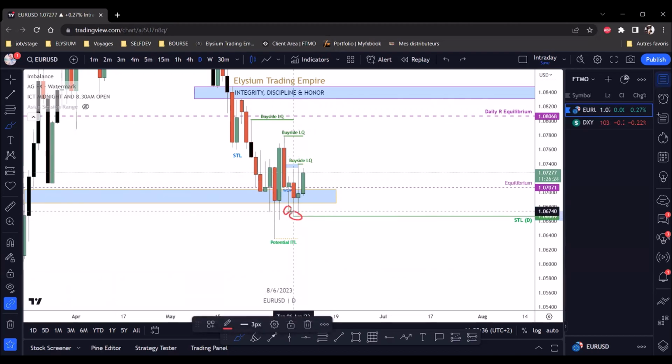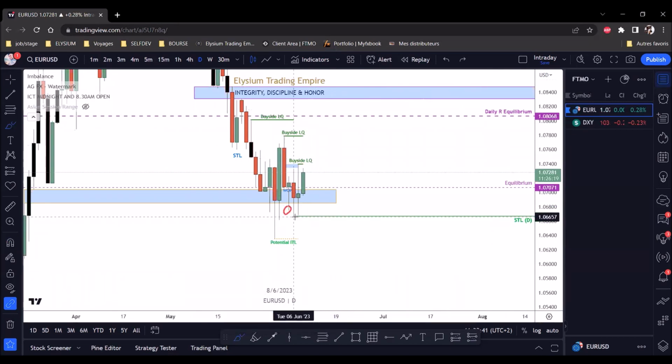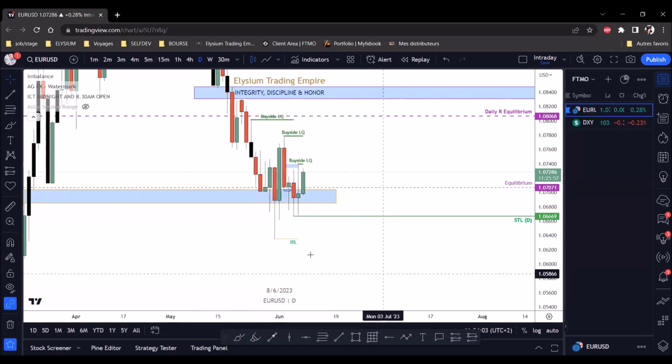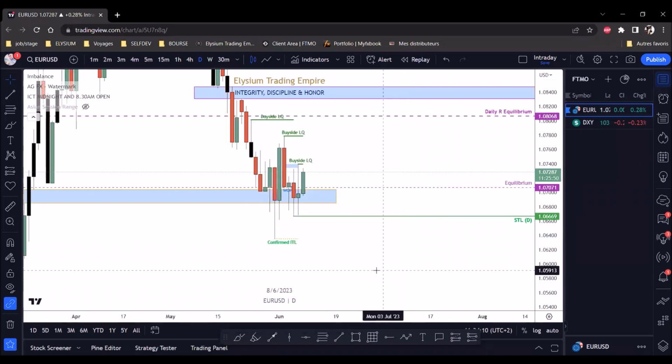However, two days before and yesterday, we respected this low. So this is a confirmed short-term low on the daily. Now we have a short-term low on the left, the intermediate term low, and a confirmed short-term low on the right. So this means this is a confirmed intermediate term low.